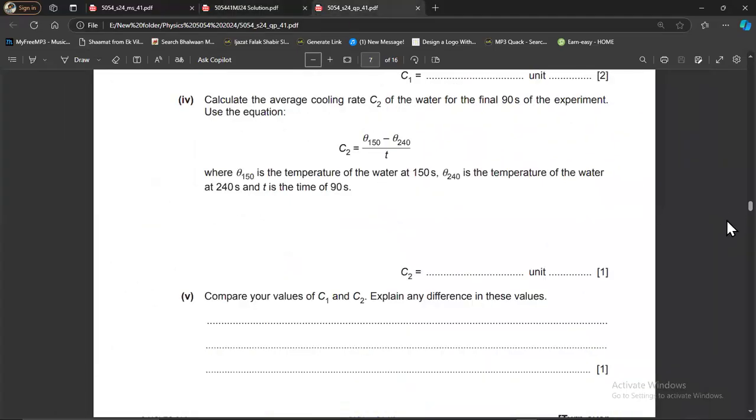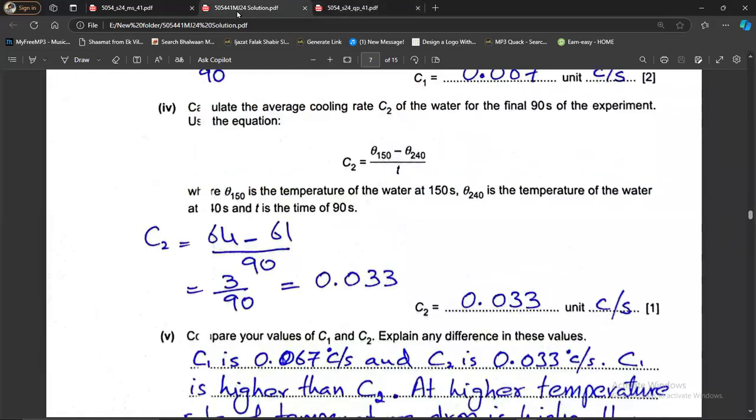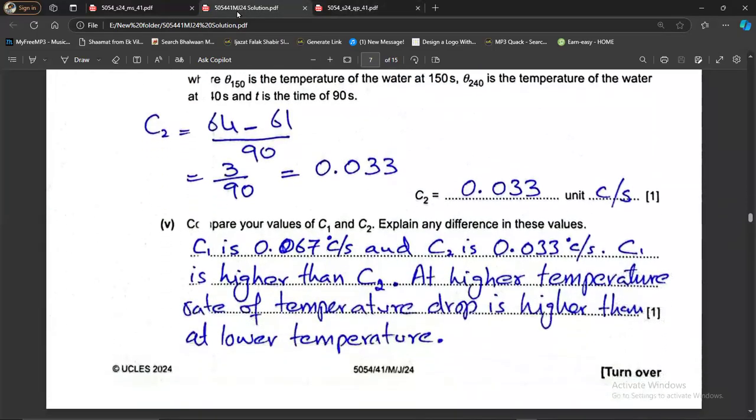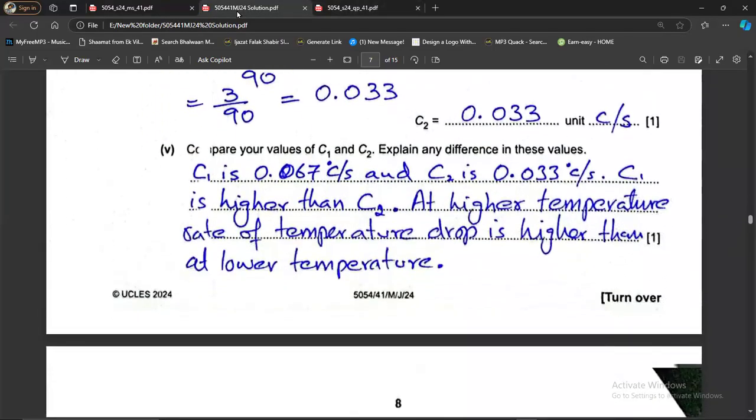He says compare your values of C1 and C2, explain any difference in these values. The C1 value is 0.067 degree centigrade per second, and the C2 value is 0.033 degree centigrade per second. C1 is higher than C2. Why is this the reason?